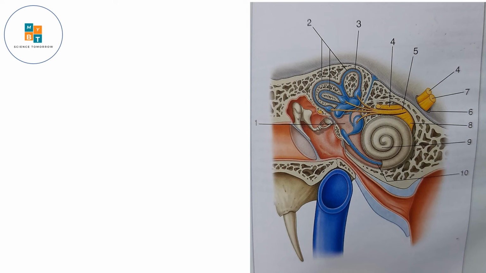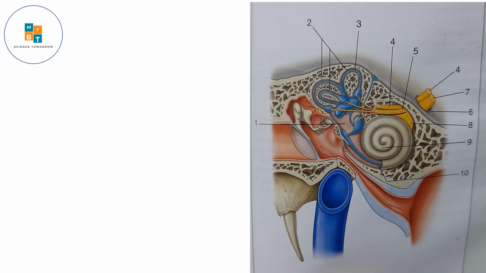Near number one is the oval window, which is attached to the stapes. That leads to the vestibular canal, the upper part of the cochlea.